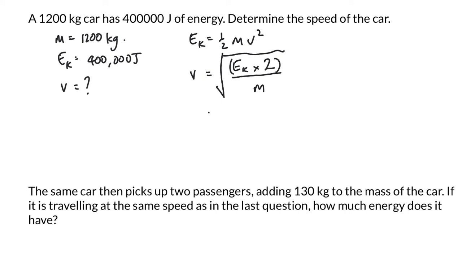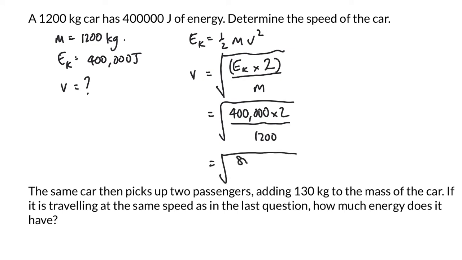So let's put in some values. v is equal to the square root of 400,000 times 2 over 1,200. The first thing you should do on your calculator is this part here, the 400,000 times 2, which will be equal to 800,000. So on your calculator, you would do 400,000 times 2, then press equals.